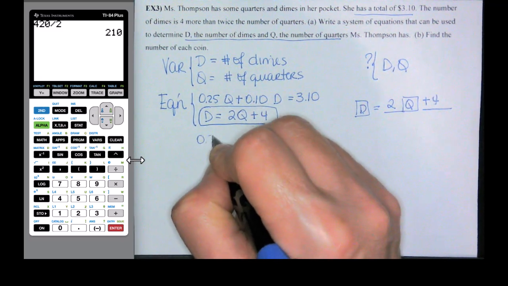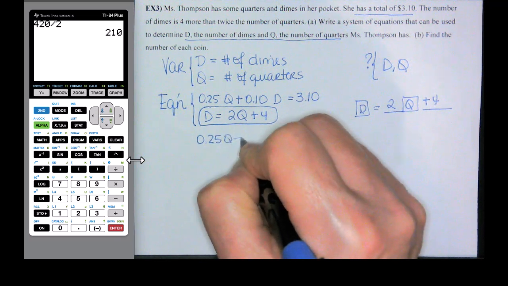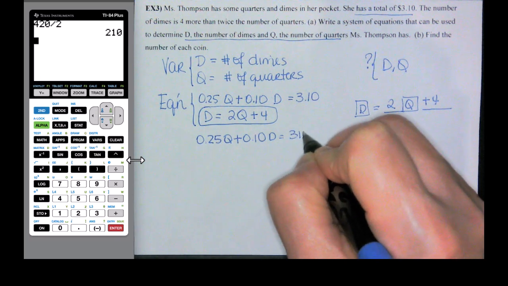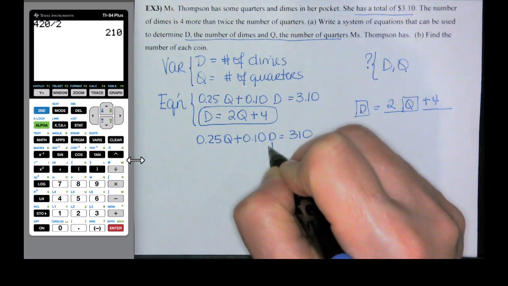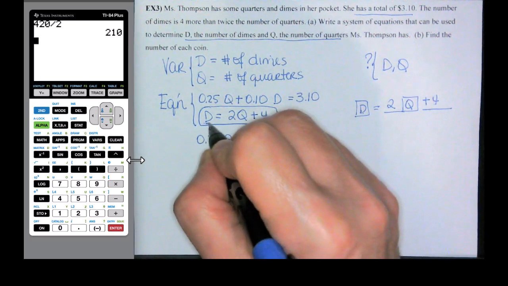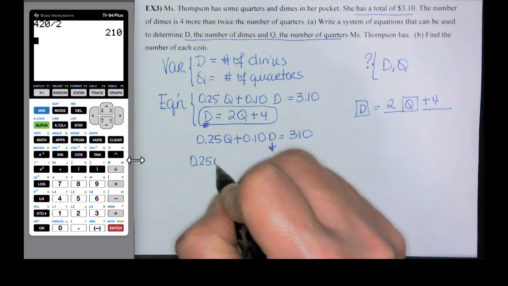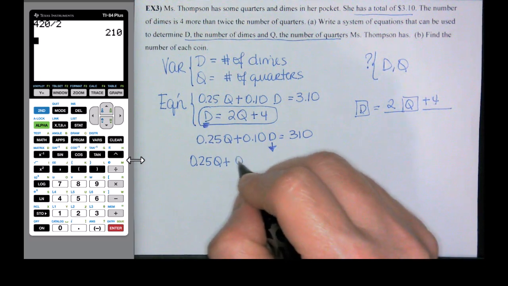So that means I copy the first equation. And I'm going to replace the letter D because the letter D is the one that is alone here. So I'm going to copy again 0.25 quarters plus 0.10.